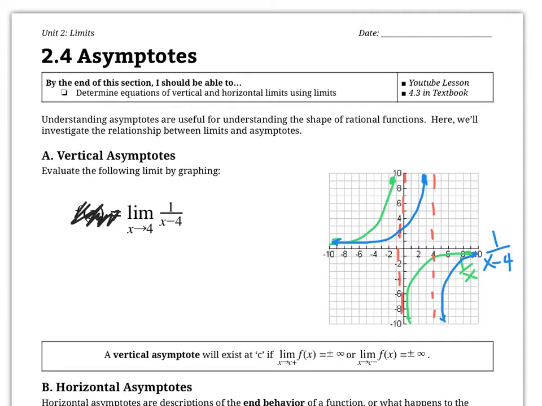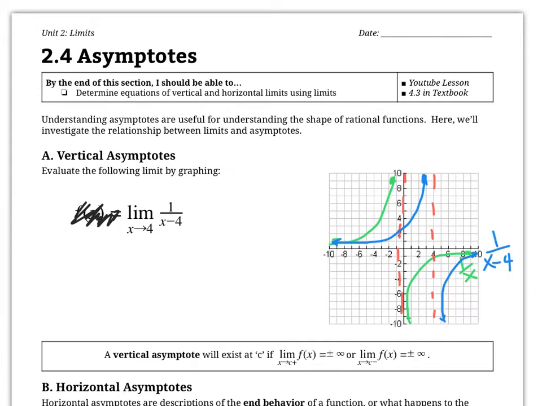So again, what we have to do is look at as x approaches 4 from the positive side and the negative side. From the negative side, what's happening as we are approaching this asymptote? Well, if we look at the function, it looks like it's on its way up, up, up, up, up. And the closer we get to that asymptote, the higher it's going to become.